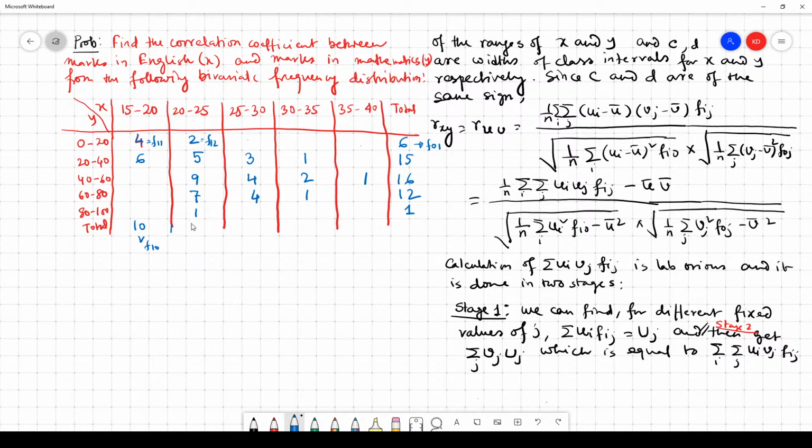Similarly, 23 is F2 naught, 12 is F3 naught. This is my mistake, it should be 1 here. And this is 1. Okay.